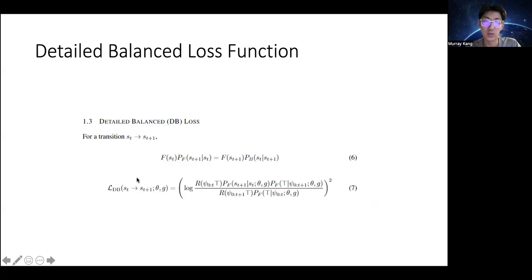Yeah, and also if you do some manipulation and take the log, it should be the equation like this. And we need to emphasize that the T here is the terminal symbol that we define. For the details, we recommend taking a look at our paper.